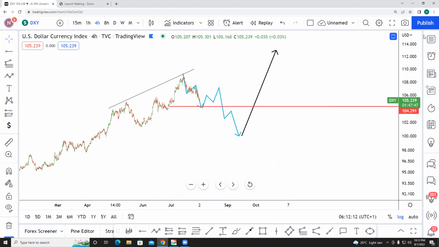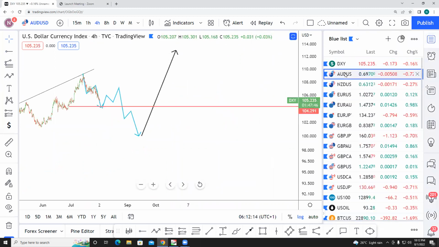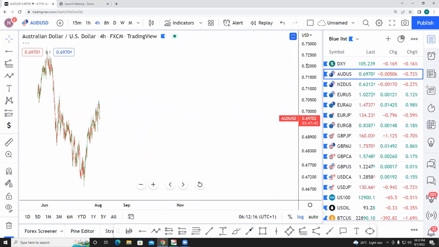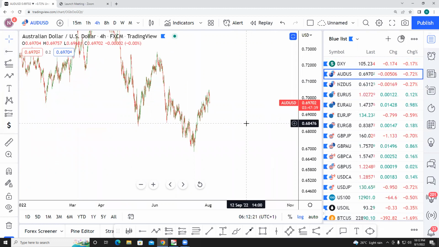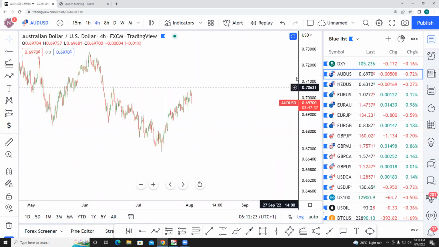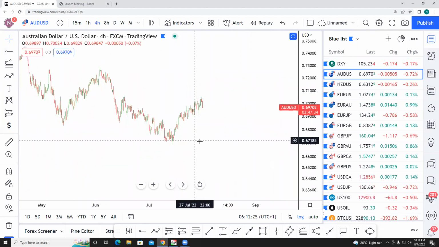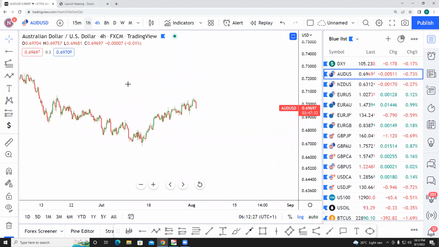All right. Okay, AUD USD. Since we're expecting DXY to have a reaction at 105, the same way we'll be expecting some majors to drop at the next psychological level.